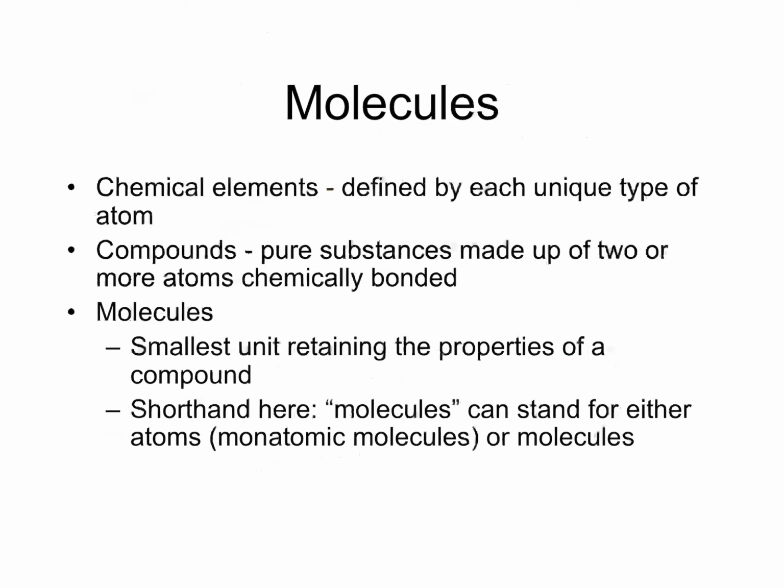So some more definitions. This chapter at first kind of has a lot of that. Elements, I wish I had a periodic table on here. I actually think I do somewhere. I'll look for that in another video so I can show you. But elements are defined by a specific atom.